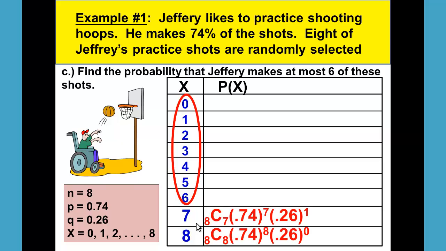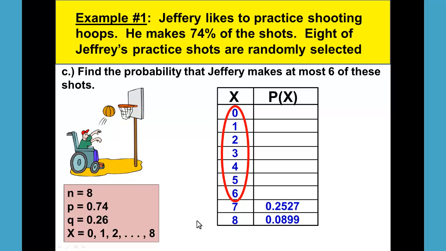So we will use the formulas that we just covered for 7 and 8. Get our two probabilities. I just blew right past that, but that's okay. We'll get our two probabilities and add those together. But that won't be our answer. That's the answer to the complement.